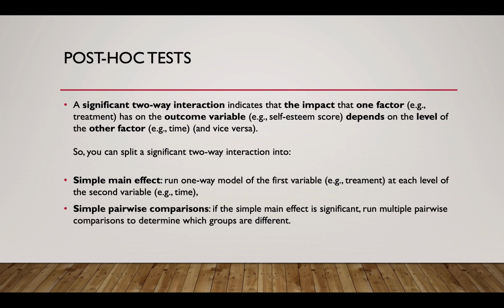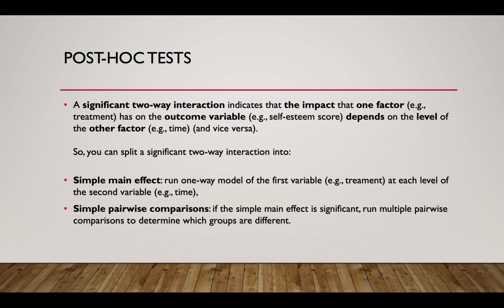And because of our significant finding, we can run some post-hoc tests to see where the significant difference lies. So a significant two-way interaction indicates that the impact that one factor, for example treatment, has on the outcome variable, so in our case self-esteem scores, depends on the level of the other factor, so for example time, and this would be vice versa.